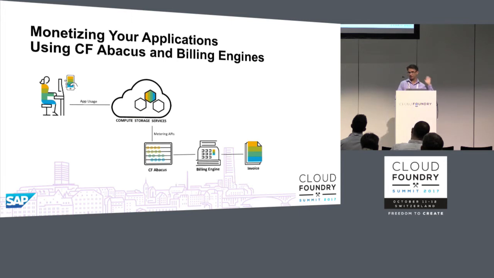That's a typical cycle. It could be the same for telecom: you make a call, it is captured by the network elements, goes to a metering solution, then to a billing solution, and you get your monthly invoice.